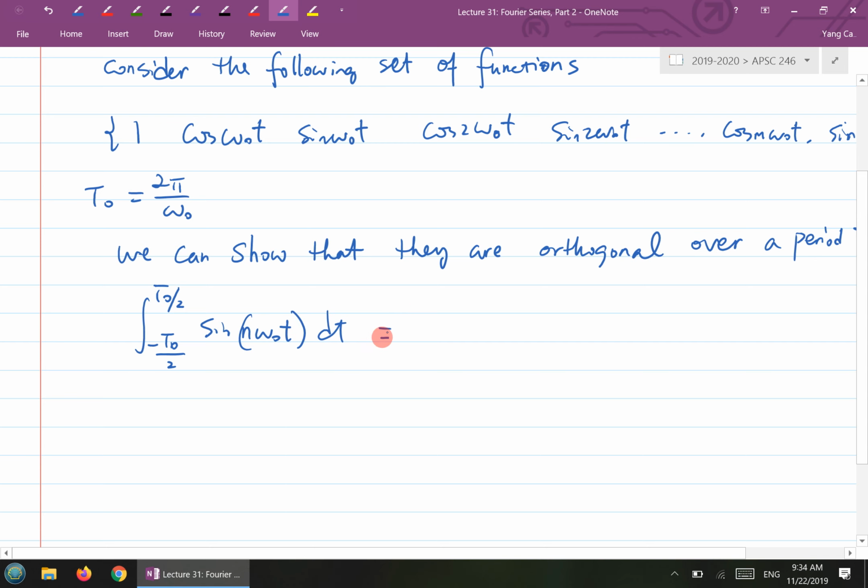Sine is a periodic function, and this is equivalent to integrating 0 to T naught, and it turns out to be 0. So basically the total area underneath the sine is 0, right?